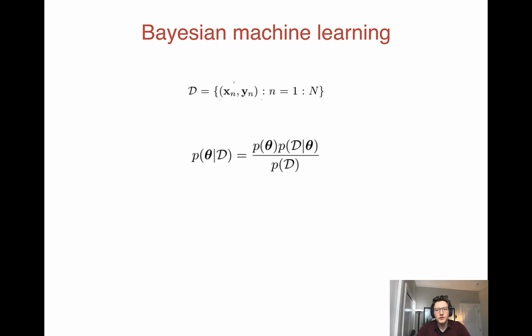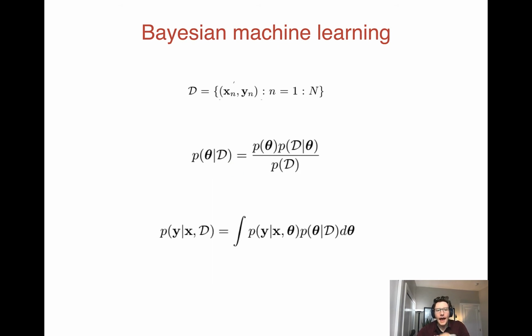Now, of course, the important factor here is P of D given theta. That's the likelihood of our data under a given theta. P of theta lets us put some kind of prior, that is, some set of models that we think are more likely than others. And then P of D just normalizes it such that this whole distribution sums to 1.